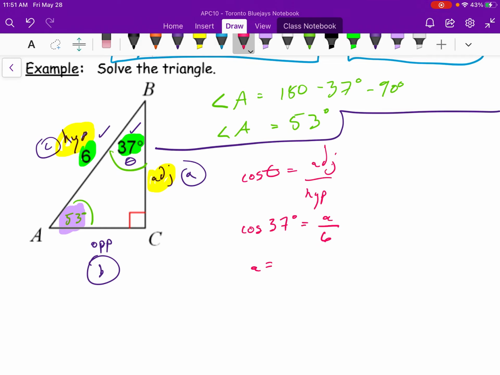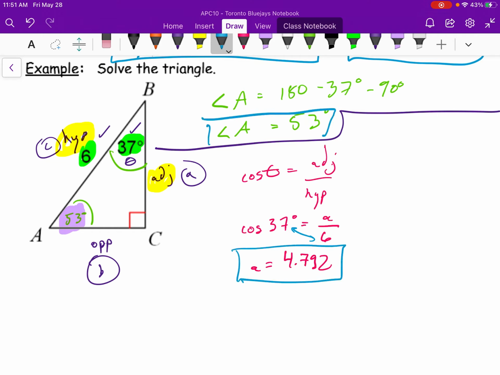And what I get is A is equal to 4.79. I simply multiplied these two numbers. So that's A. I'm going to put a square around that because there's going to be a lot of information.